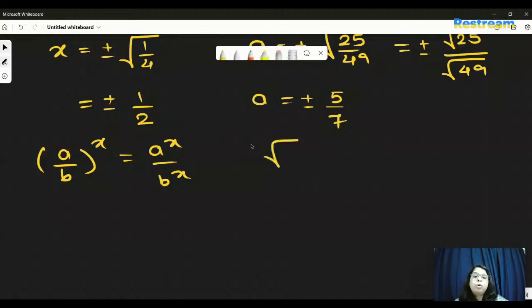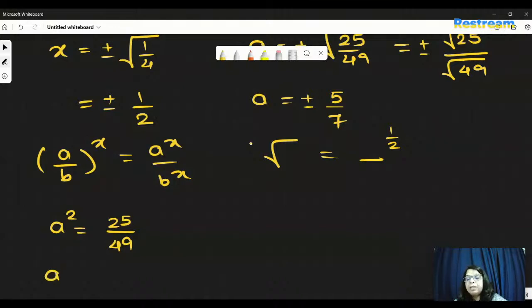Now your square root is represented by something raised to 1 by 2. So when I say a square is equal to 25 over 49, my a is going to be plus or minus 25 over 49 raised to 1 by 2.